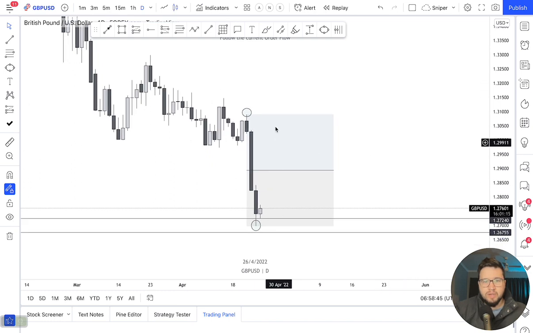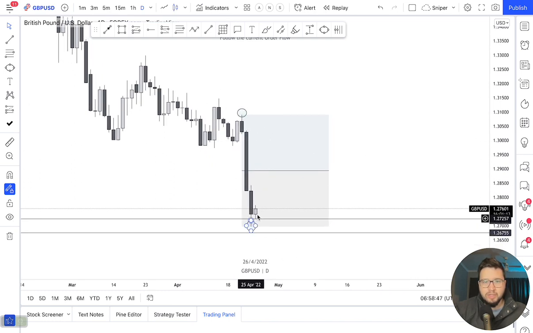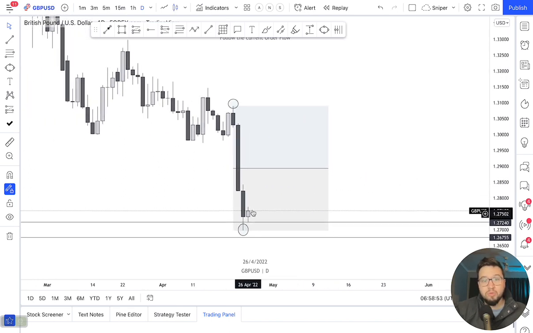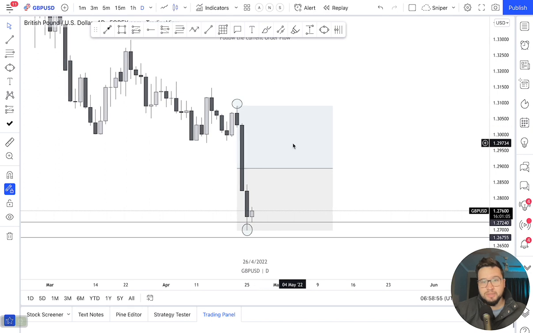And we can see by looking at this range that we're currently deep in this discount area of pricing. And we know that we could potentially expect price to make a pullback towards the upside. So potentially maybe looking for something like this for us to see price move back towards the upside. Not necessarily all the way back, because obviously we can anticipate this area, but I feel this area is way too obvious.